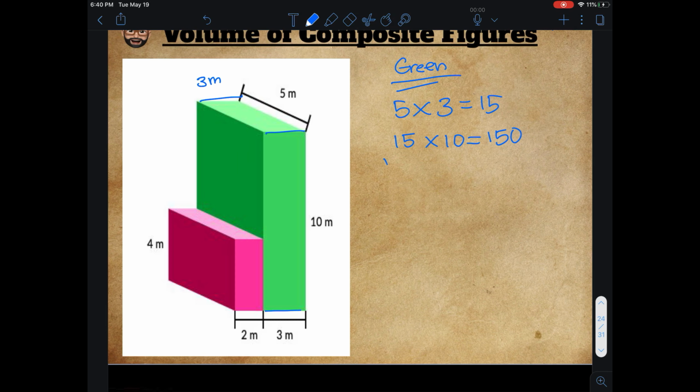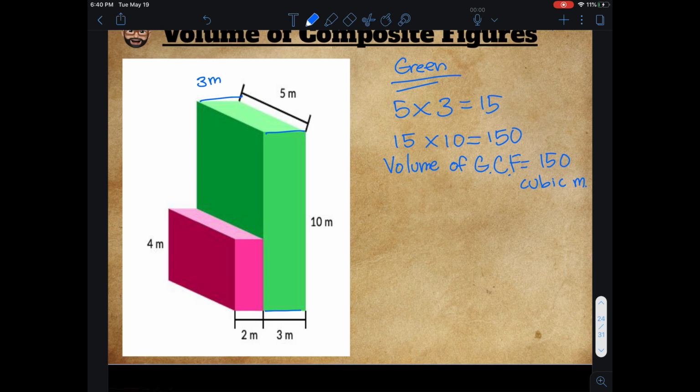So the volume of the green composite figure, I'm going to use initials because I'm running out of space, GCF, equals 150 cubic meters.